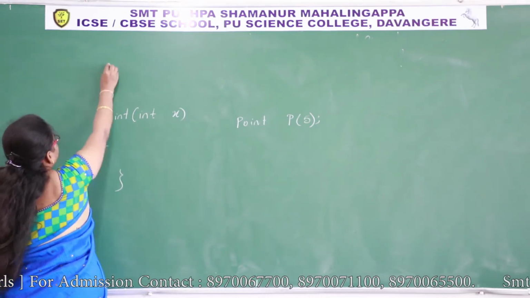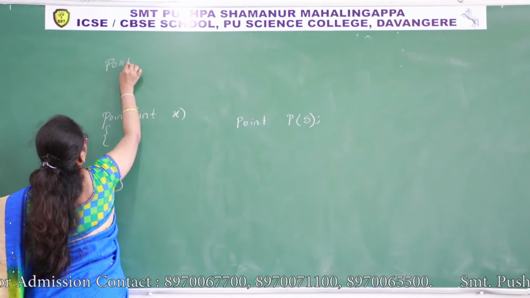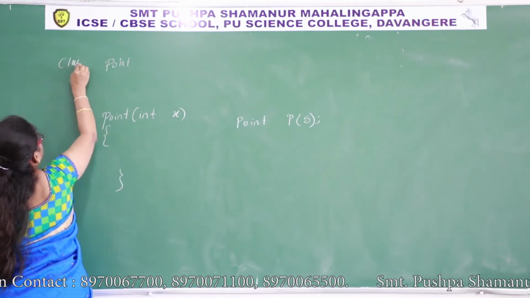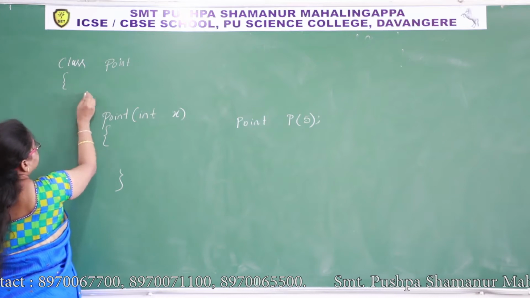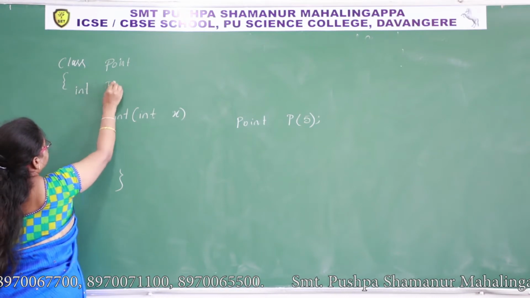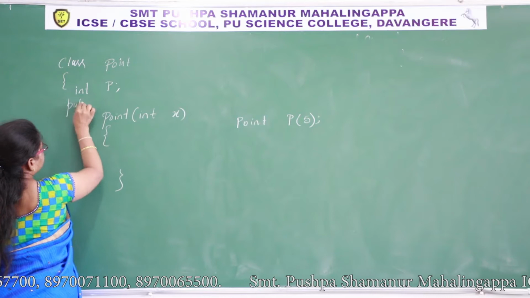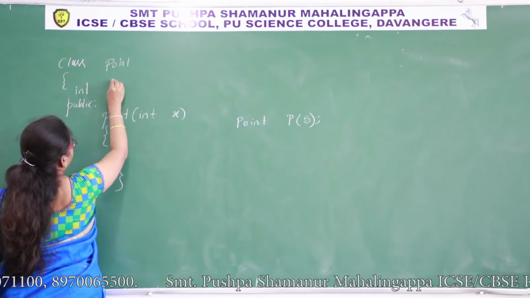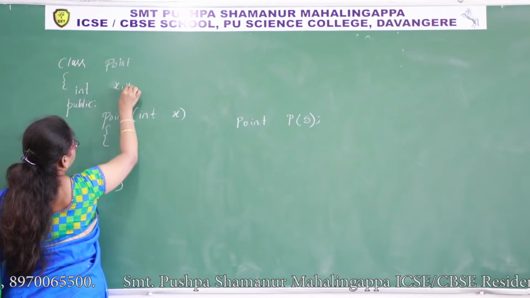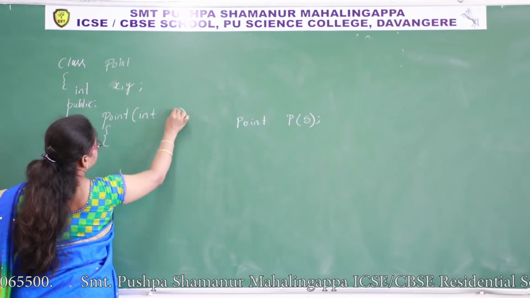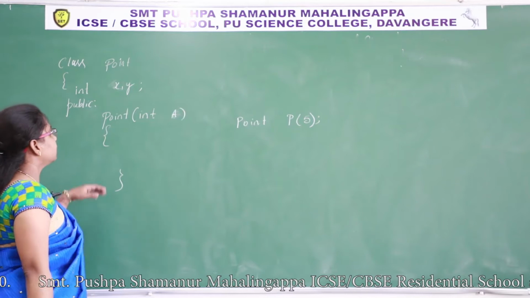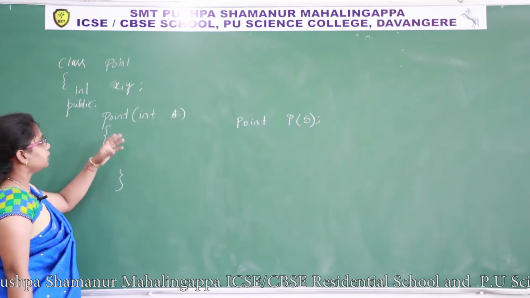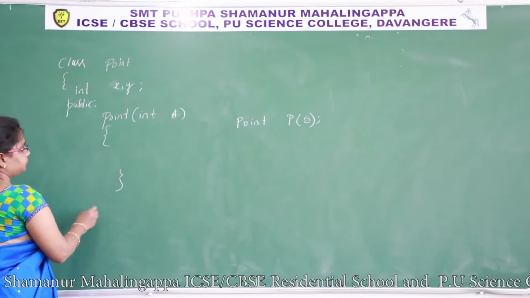Understood? Suppose the class is Point: class Point, open flower bracket, int x, y in the public section, and the constructor takes int a. Here you can take x also, but to differentiate I have taken different names.